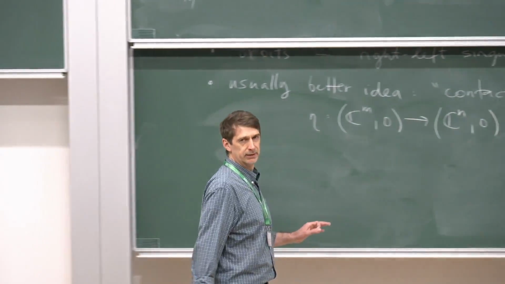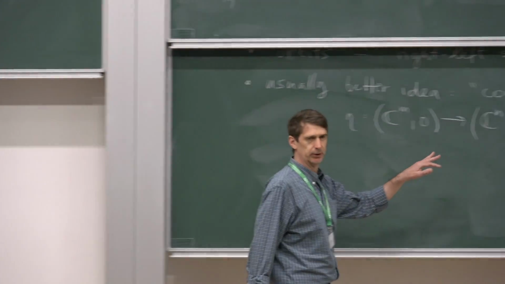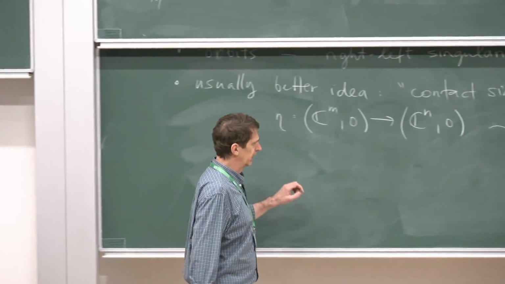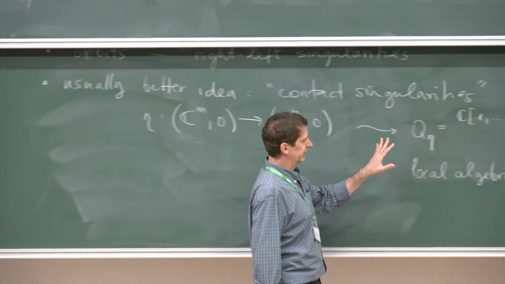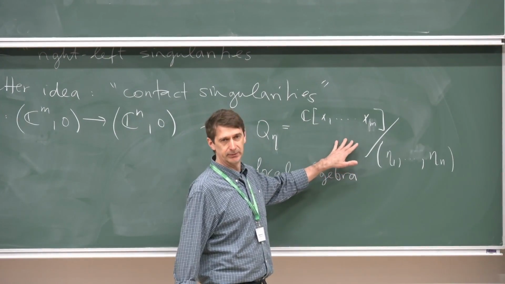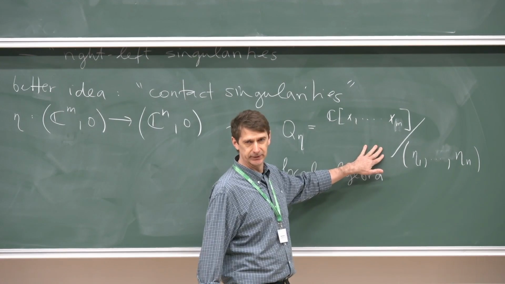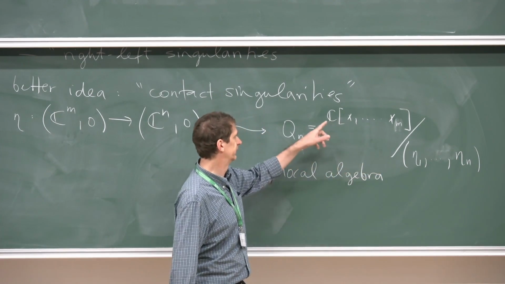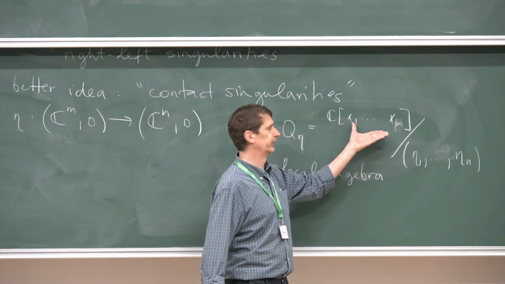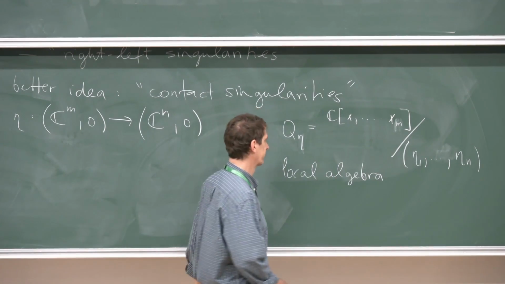In theory, very conceptually, I shouldn't consider polynomials, I should consider holomorphic functions, but I will insist in a minute that I want this algebra to be finite dimensional, and when this algebra is finite dimensional, it doesn't matter if I write formal power series or polynomials.